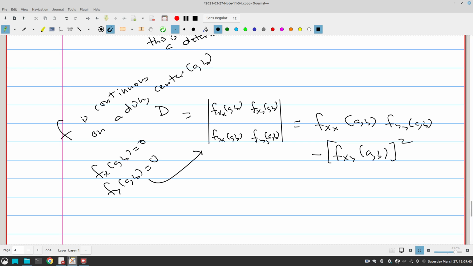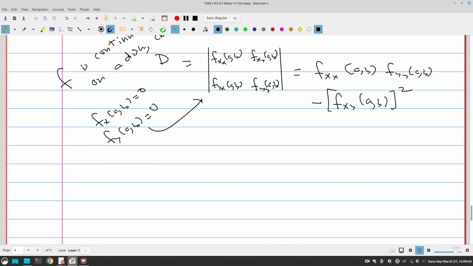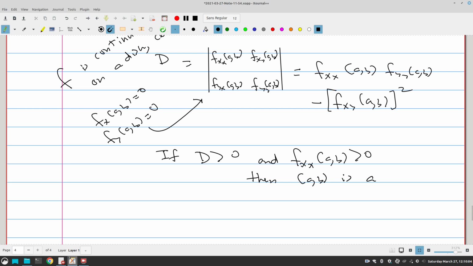Now, if the Hessian D is greater than 0, and f_xx(a, b) is greater than 0, then (a, b) is a local minimum.